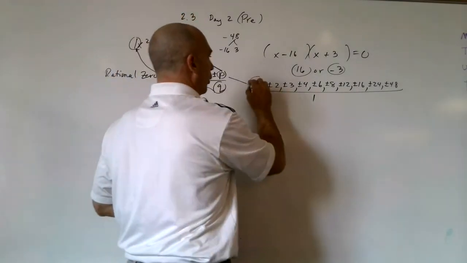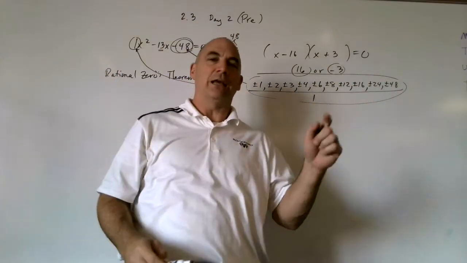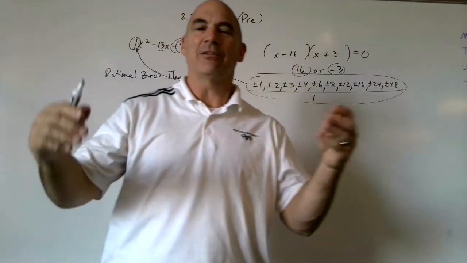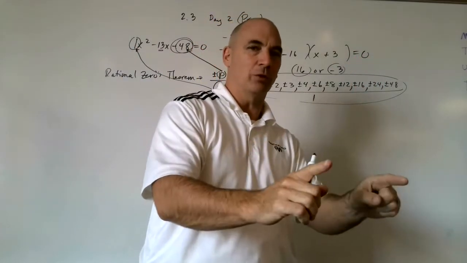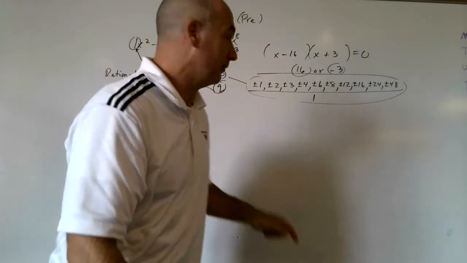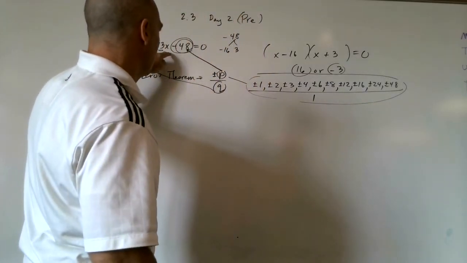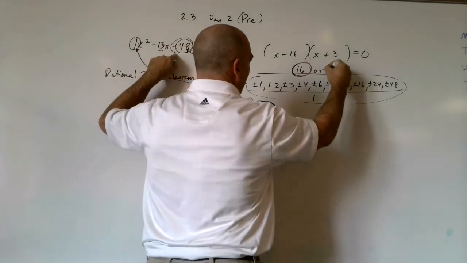So what in the world is this list? That list is the list of all possible rational roots. Root means zeros. It also means solution of this equation. So, question, see our answers right here, 16 or negative 3?